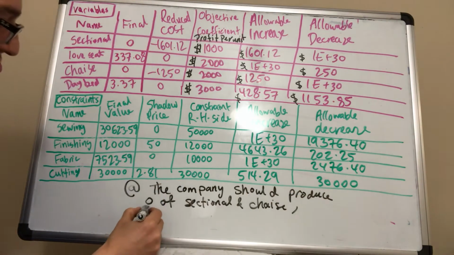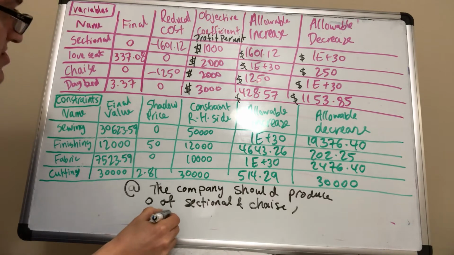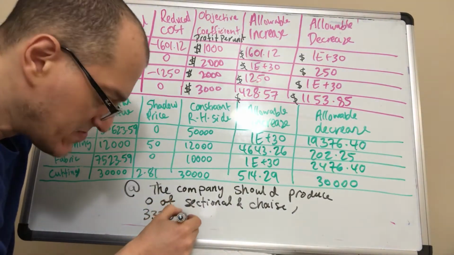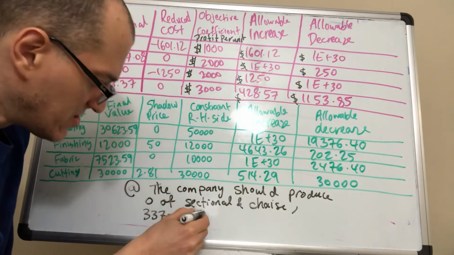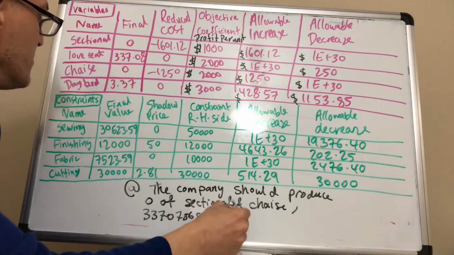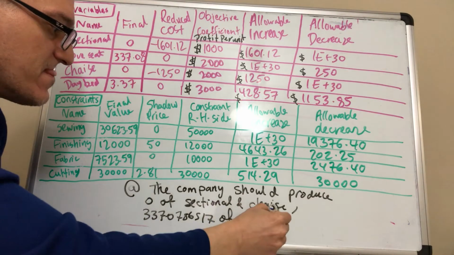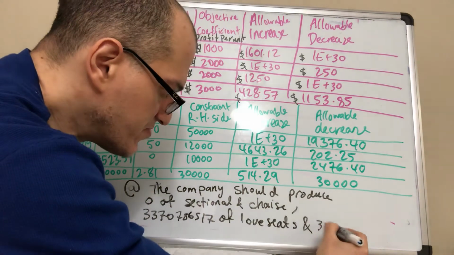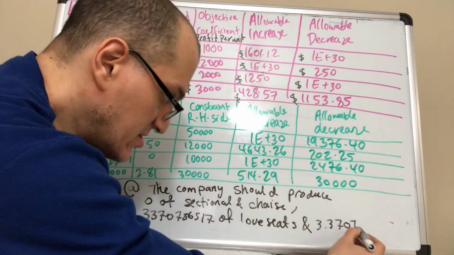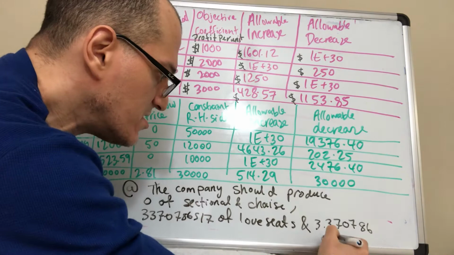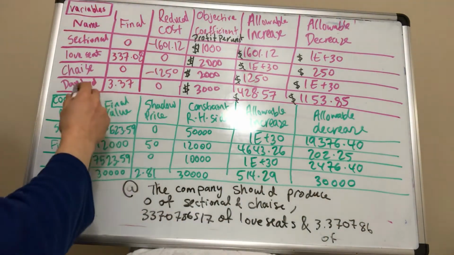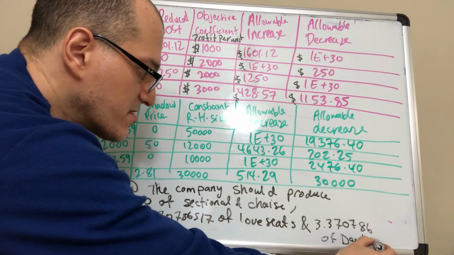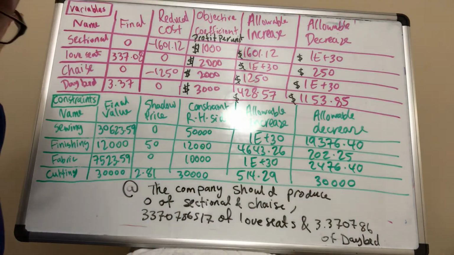They also need to produce 337 point, it's exactly 786517 of love seat and 3.370786 of daybed. This is called their production.